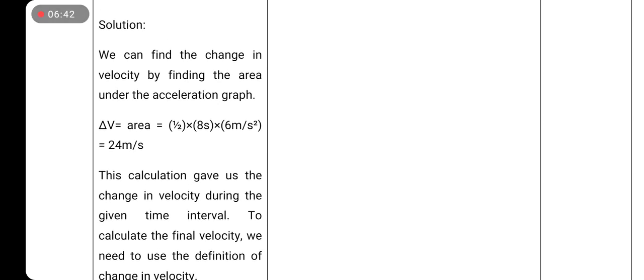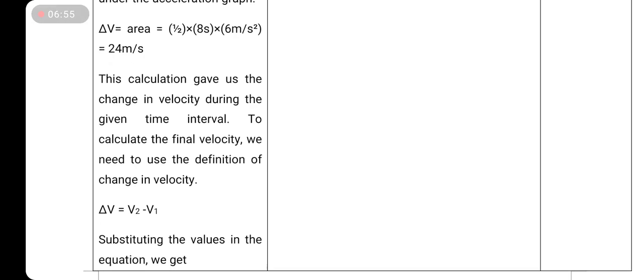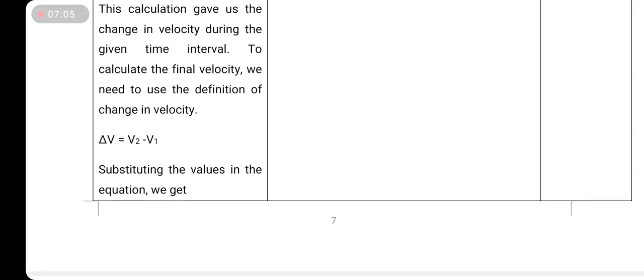Solution. You can find the change in velocity by finding the area under the acceleration graph. Delta V is equal to the area, which is equal to half times 8 seconds times 6 meters per second squared, which is equal to 24 meters per second. This calculation gave out the change in velocity during the given time interval. To calculate the final velocity, we need to use the definition of change in velocity.